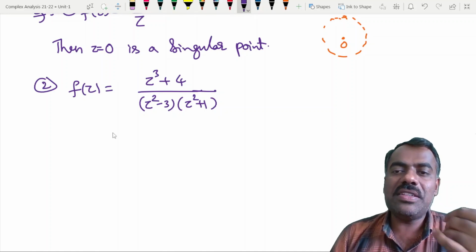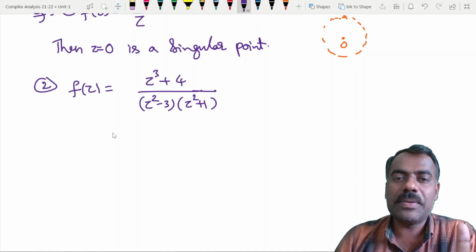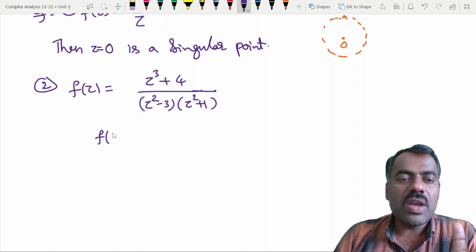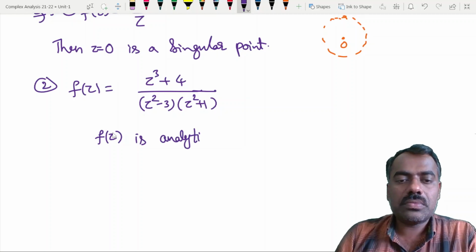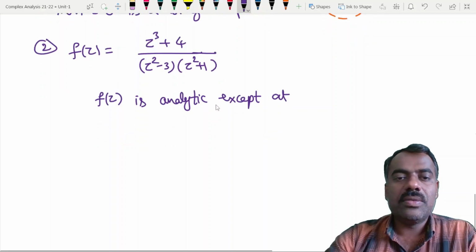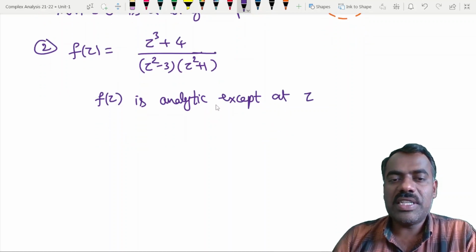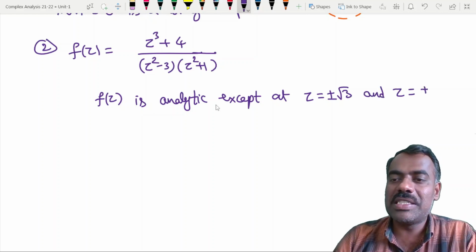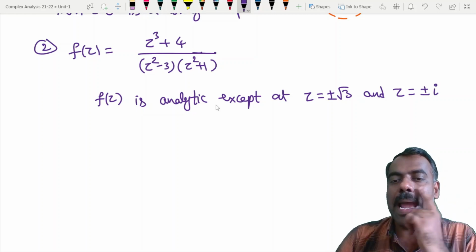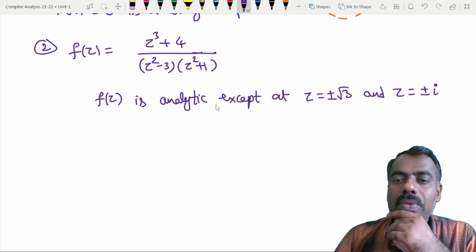At all remaining places it is defined, and you can find the differentiation, everything, right? So f of z is analytic except at those points. What are those points? z square equal to 3 means z equals plus or minus root 3, and z square equal to minus 1 means z equals plus or minus i. Okay, right? Any problem?